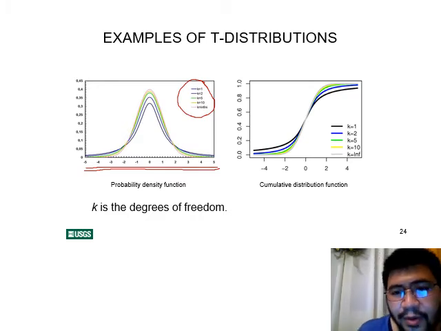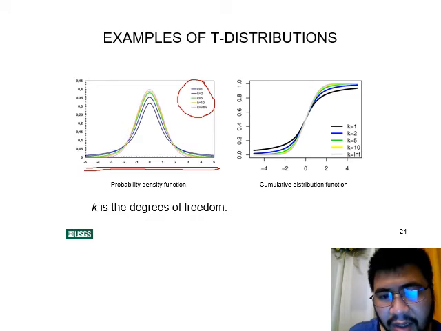So if you remember, the Gaussian distribution or the normalized Gaussian distribution is around plus minus 3.5 standard deviation in width. Okay, students T is like plus minus 5, so it's wider.